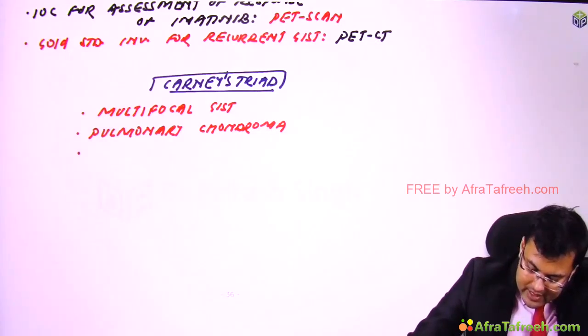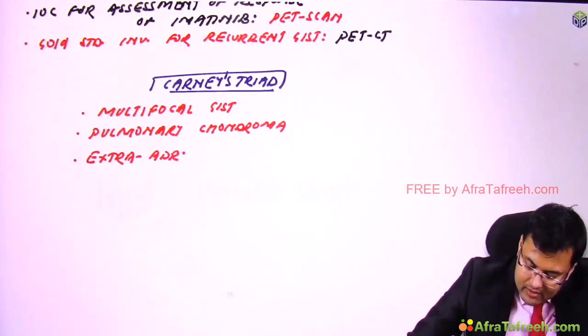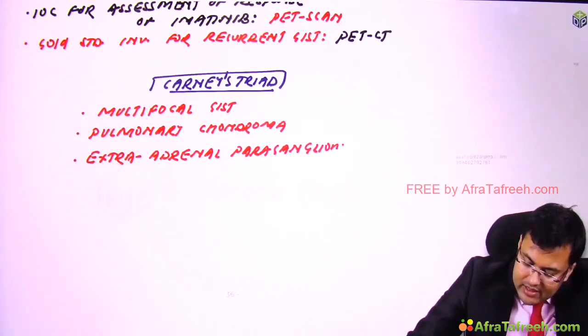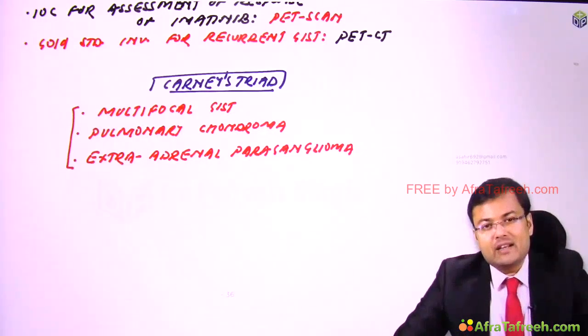And there is extra-adrenal paraganglioma. So these are the components of Carney's triad.